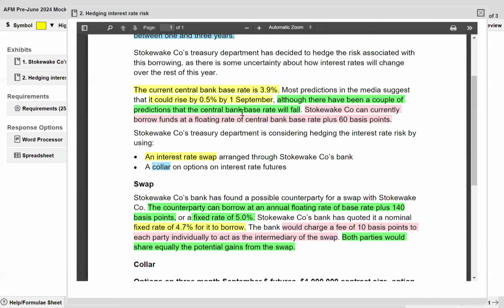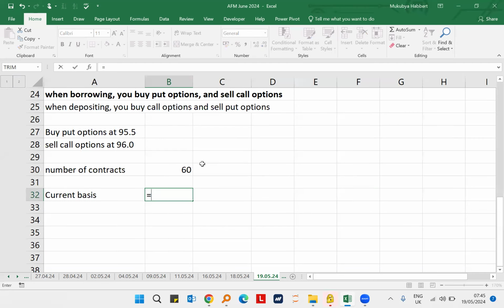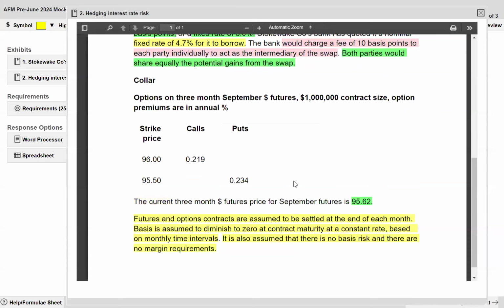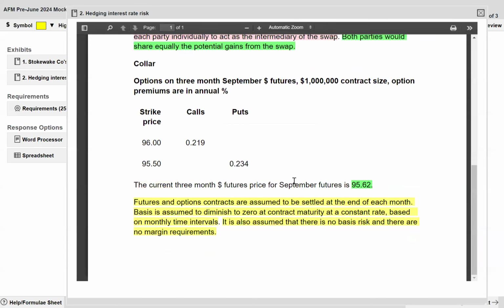Since the central bank is at 3.9%, the price is going to be 100 minus 3.9, because the price of the options for interest rates is usually 100 minus the interest rate itself. They've also given us the futures price, and they said it was 95.62.